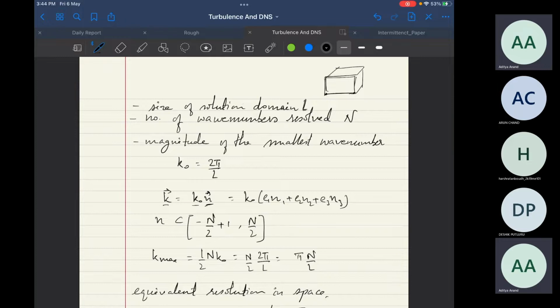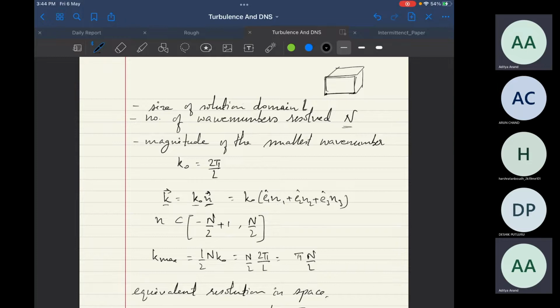The n vector is basically e1 n1, e2 n2, e3 n3, where these are the unit vectors in the three directions, and each n can go from minus N by 2 plus 1 to N by 2. So N is the number of wave numbers you want to resolve.